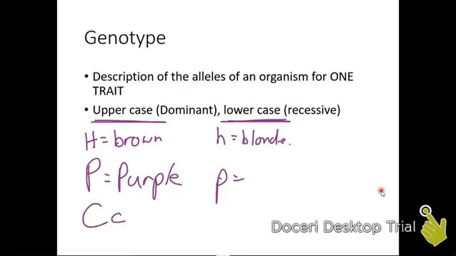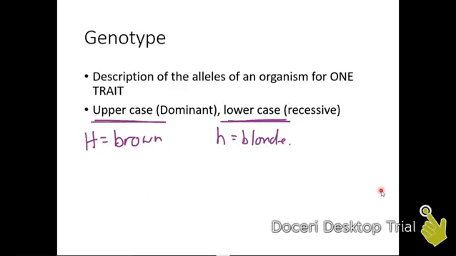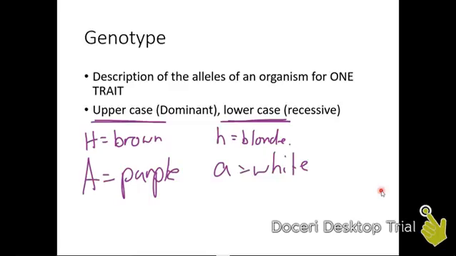Okay, so now that we know about alleles, we can talk a little bit more about an organism's genes. So what a genotype is, we are writing down what those two alleles are. And the two simple rules we have are that if it's a dominant allele, we will use uppercase, and if it's a recessive allele, we are going to use lowercase.